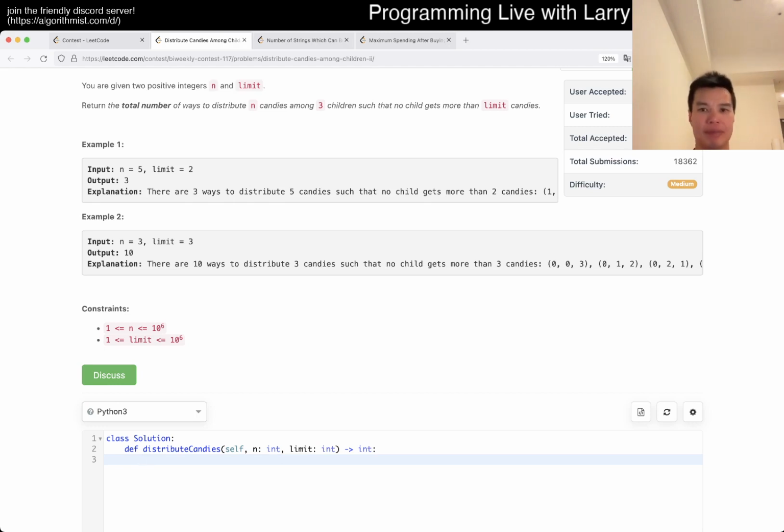Oh, so A plus B plus B. Man, I feel like I'm missing something on this one. A plus B plus C is... can I do the reverse, count the number of times?